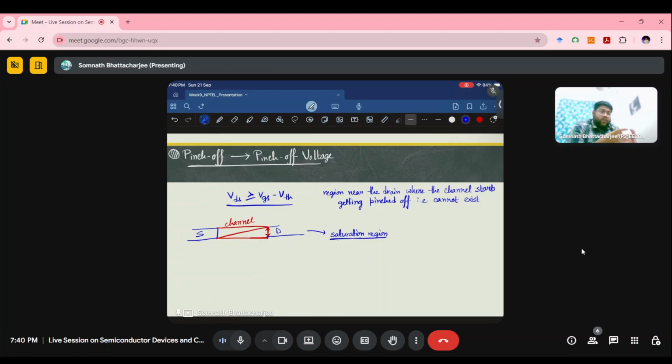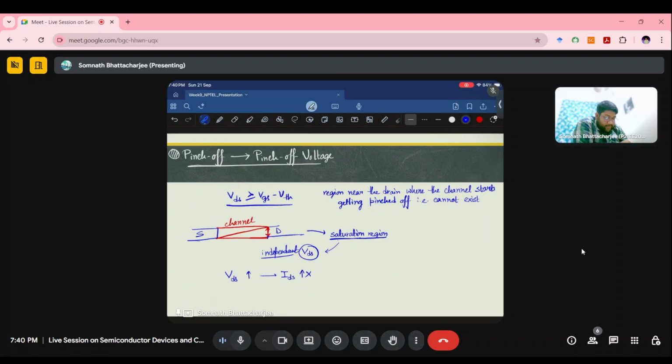The saturation region is also a region in which, even if you increase the amount of VDS, the saturation region is completely independent of this VDS, because even if we are increasing the VDS, there is no further increase in the current IDS. So this is completely independent of the VDS, the channel formation.